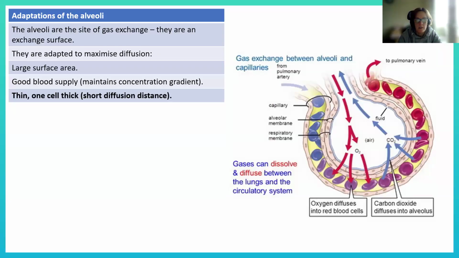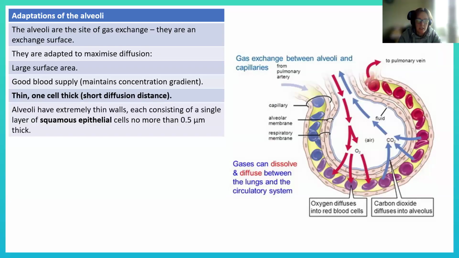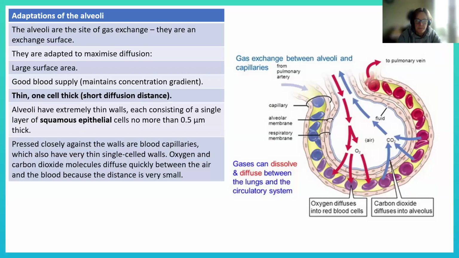And then one cell thick, as we have seen, extremely thin walls. They're made up of squamous epithelium, and they're no more than half a micrometer thick, so about the thickness of a bubble. And the capillaries are extremely close. If you look at this, this here is the capillary.